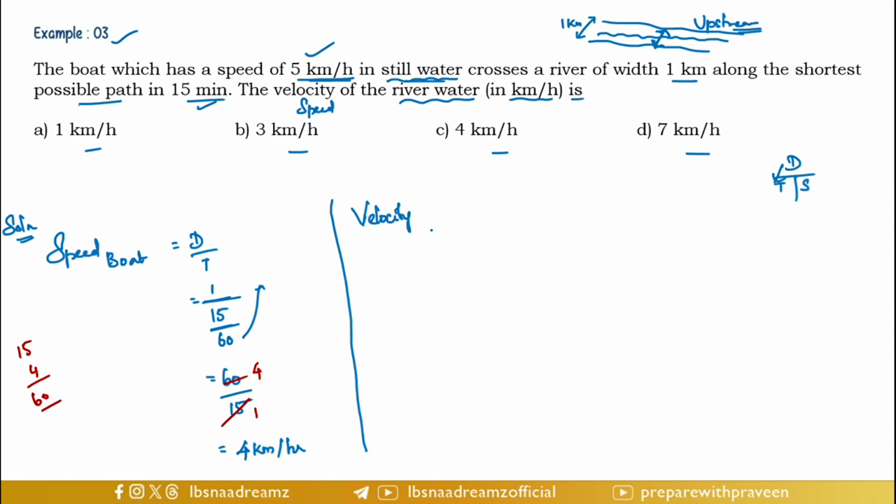Velocity of the river water is equal to x minus y. So apply the values 5 and 4. It is equal to 1 kilometer per hour.